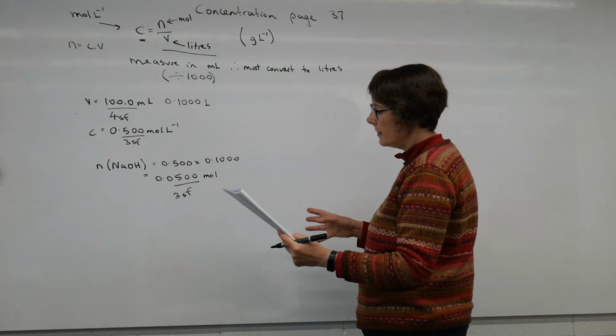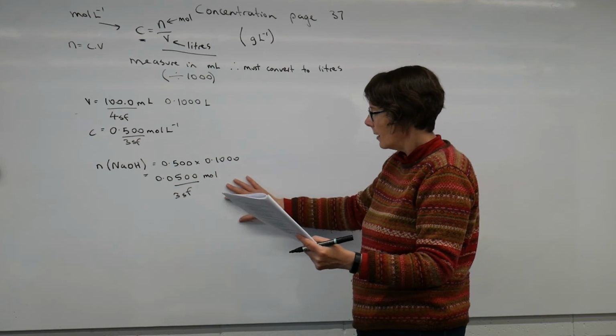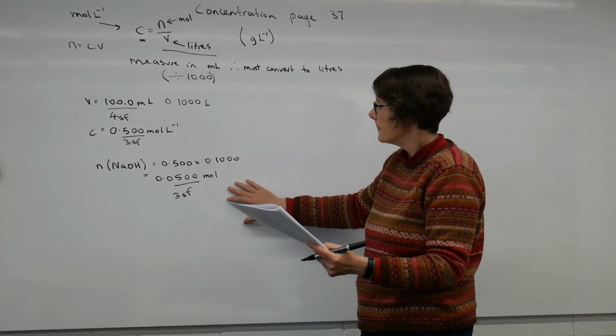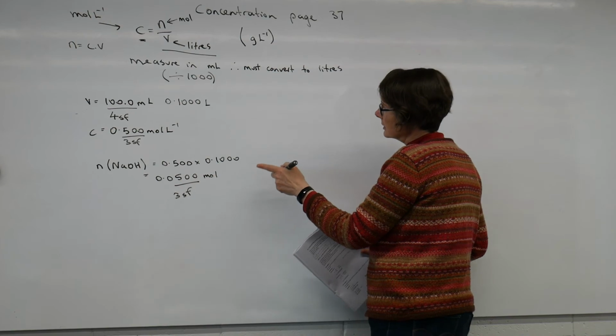And we were asked to find the mass that we needed. So we know how many moles we need, that's the first part. Now we need to find the mass.